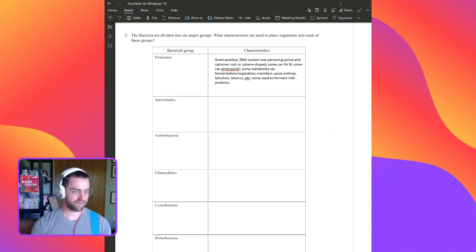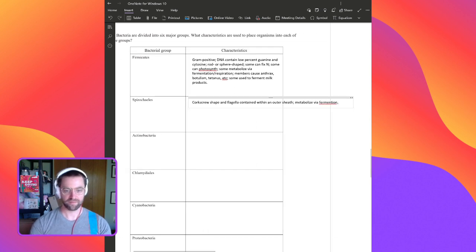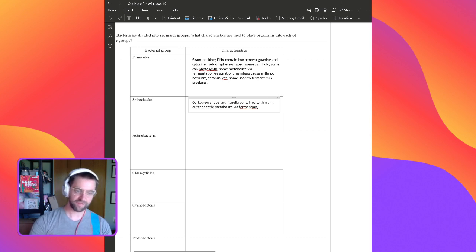Spirochetes. Characteristic corkscrew shape. They metabolize via fermentation. Some can fix nitrogen.